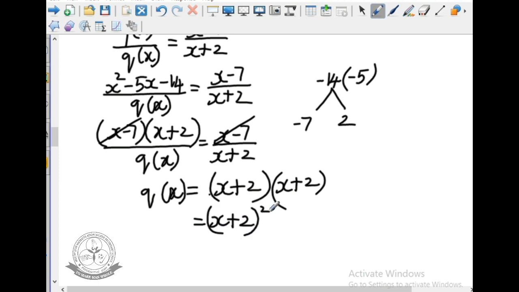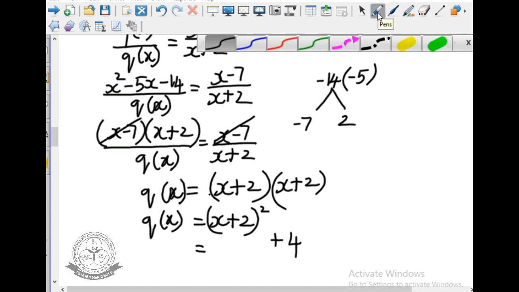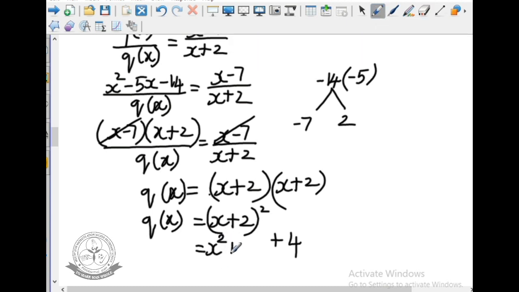So, Q of x, you are getting the answer as x plus 2 whole square. It is a polynomial, you can expand this one. This is equal to x square plus 4x plus 4, using a plus b whole square equals a square plus 2ab plus b square. So, this is written as x square plus 4x plus 4.